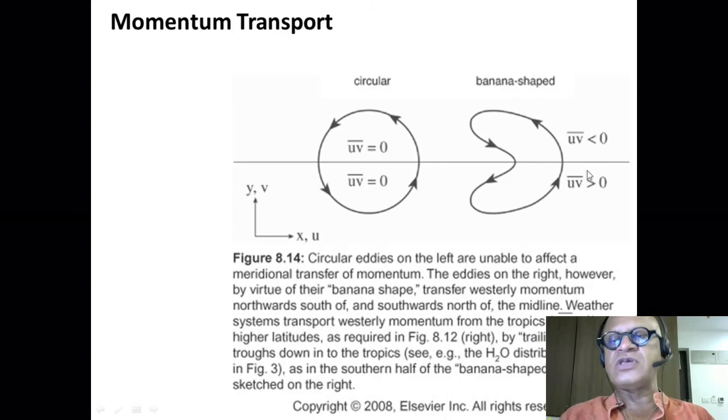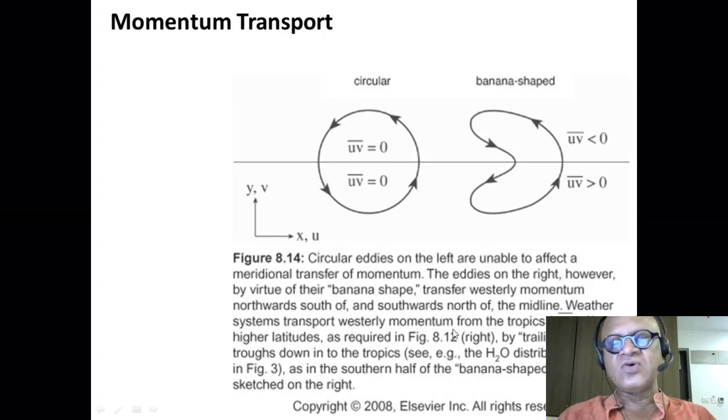Okay, so here you have U positive, V positive, and here you have V negative and U negative. So you end up with u v average being positive, and here U is negative, V is positive. Here U is positive, V is negative. So you end up with negative u v bar.